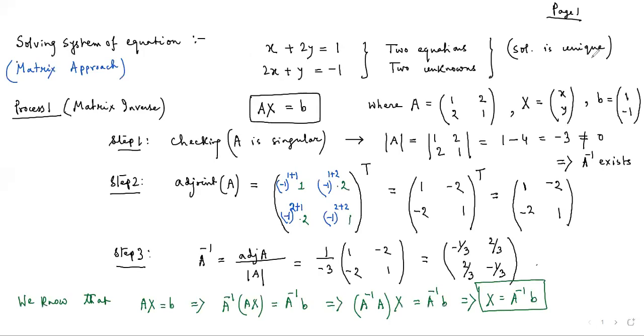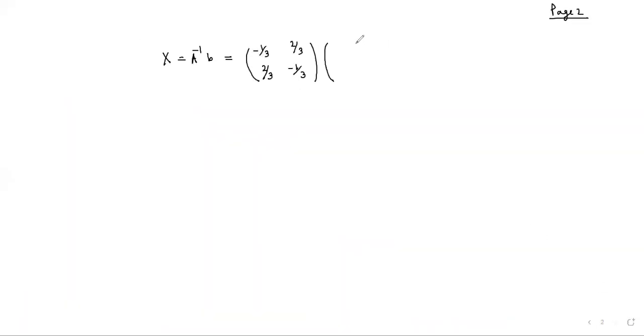As we have capital X equal to A inverse into B, now we can substitute the inverse of the matrix, which is -1/3, 2/3, 2/3, and -1/3. And we can multiply this inverse of the matrix by the matrix B, so we have 1, -1.